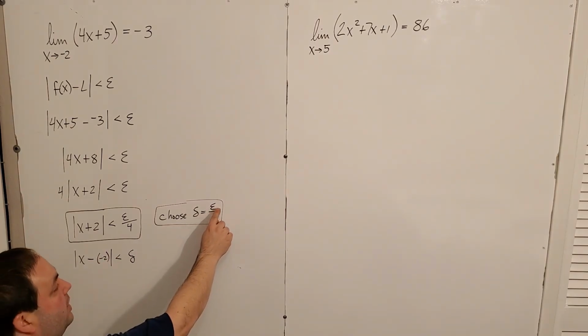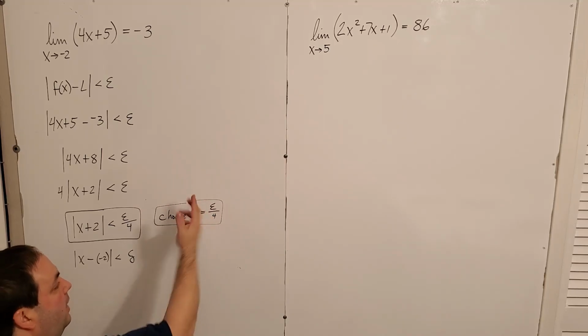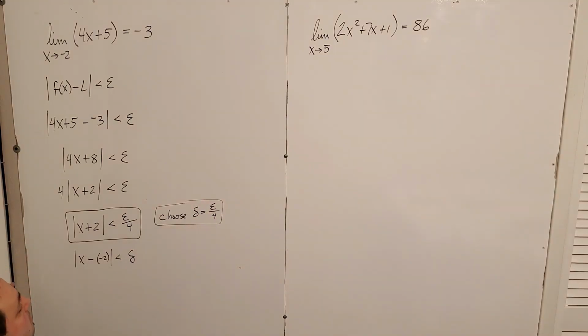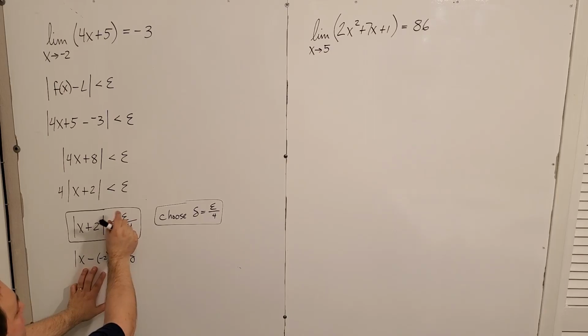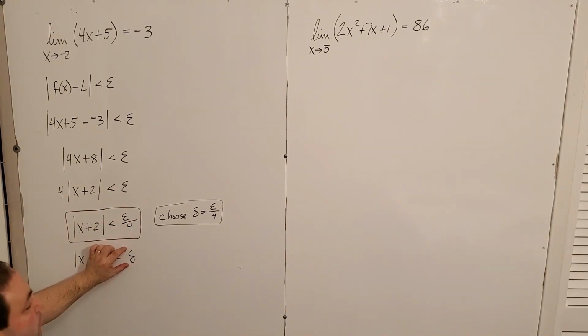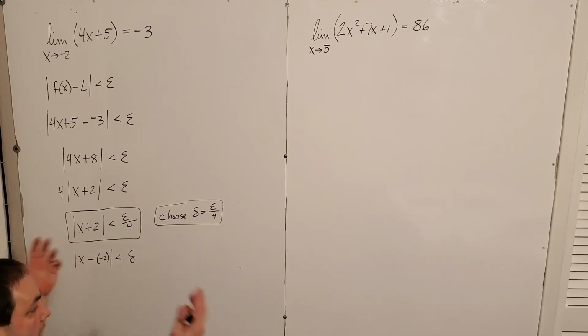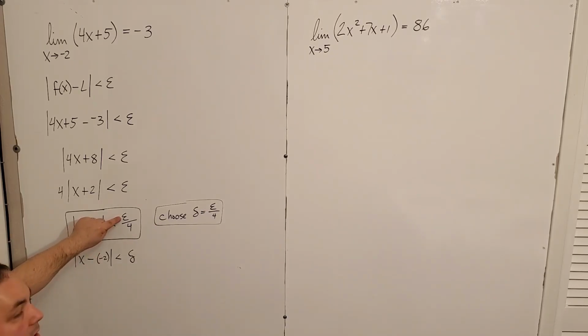You can pick any epsilon you want. I will then have a delta just by dividing by 4. And it works for every epsilon because it's already encapsulating the correct value. If I let epsilon be smaller, then dividing by 4, I'll just get a smaller number. I can divide any number by 4. So you give me an epsilon, I'll divide by 4 and I'll give you a delta. You can make epsilon as small as you want or as big as you want.